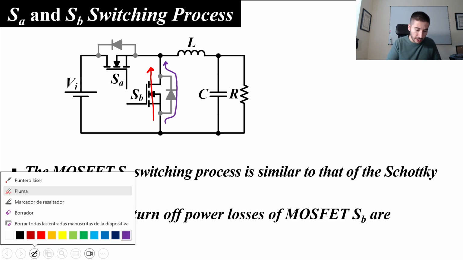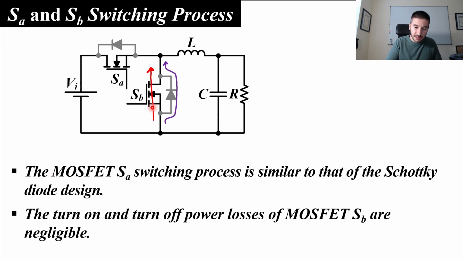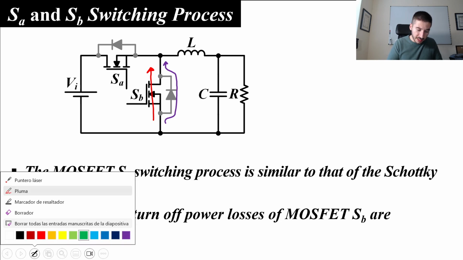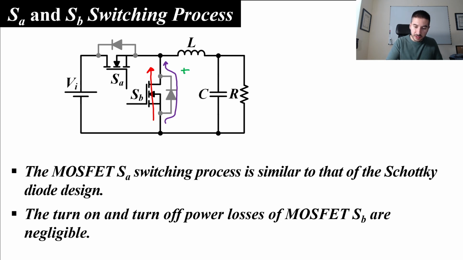So basically in one case the current changes from the channel to the body diode, and in another case changes from the body diode to the channel. But in both cases we said that the voltage across the switch was more or less 0 volts. So as a consequence there is no overlap between voltage and current, and as a consequence we say that the power consumption in that transition is negligible. Okay, but let's see this with the simulation.